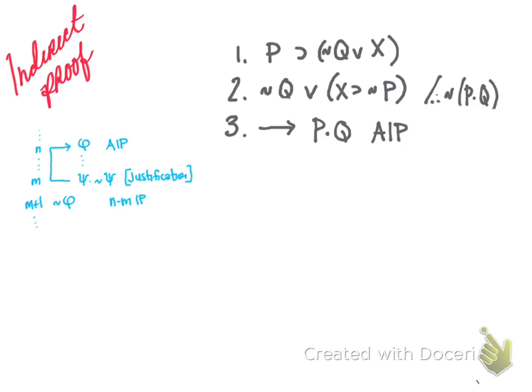As I said before, it's a conjunction. Conjunctions, oftentimes, it's just worth taking them apart just because they're extra pieces to work with. But I also see I can use both of those pieces right away. So let's do that. Okay, now I have on line 4 the antecedent of the conditional on line 1.